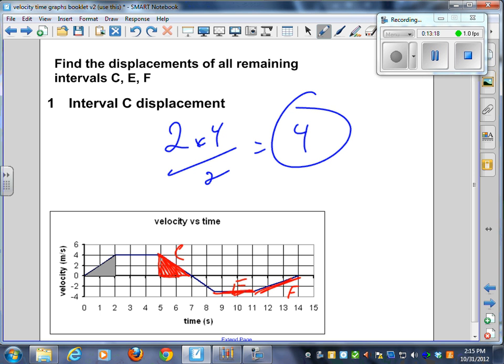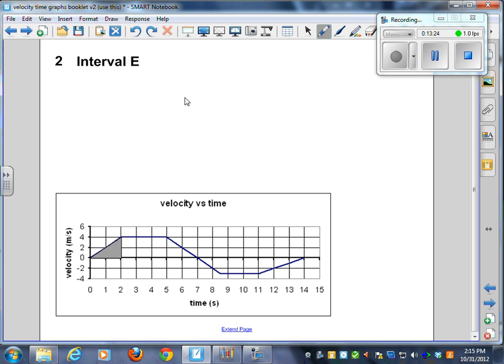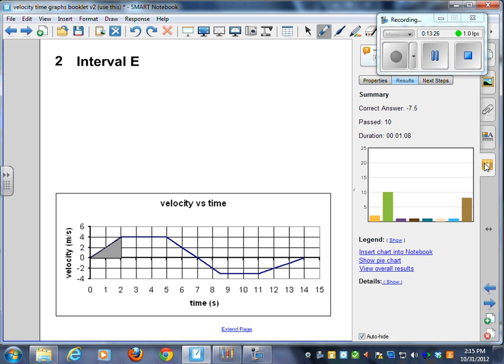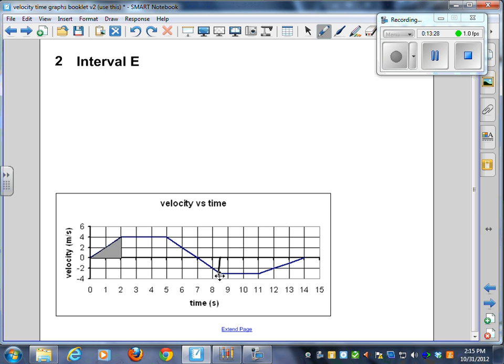Chandler, listen. E is this rectangle here, right? E is from there to there. The base is 2.5. The height is minus 3. 2.5 times minus 3 gives me an answer of minus 7.5.